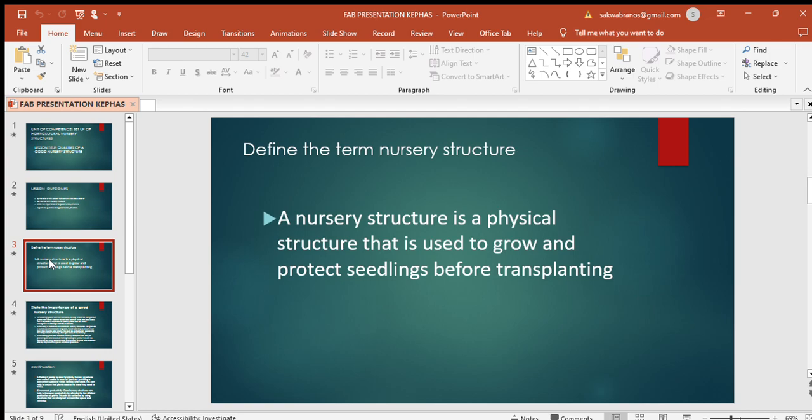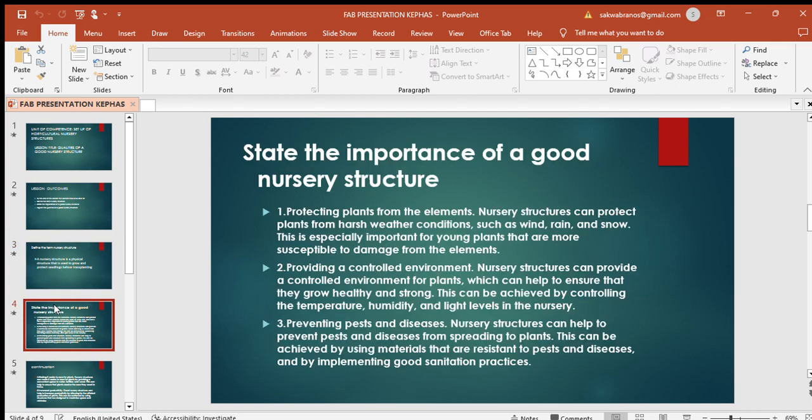And seedlings are very vulnerable to bad element, and therefore it is recommended to be planted in nursery structures. What are the importance of a good nursery structure? Number one, they help to protect the plant from bad element.